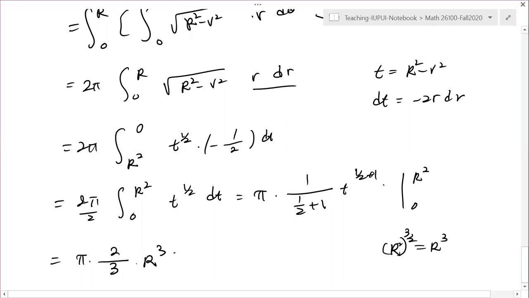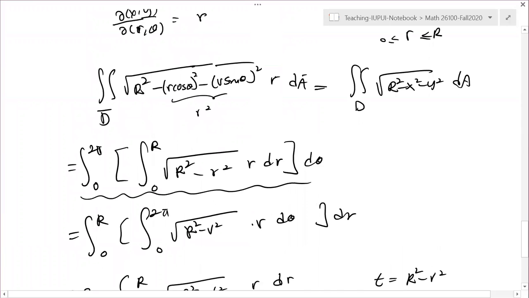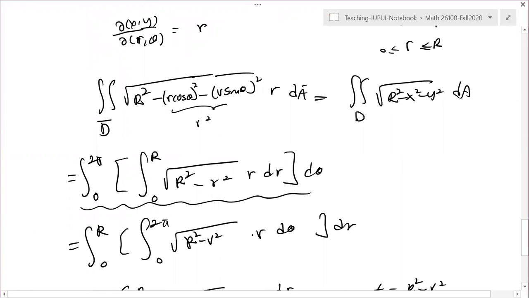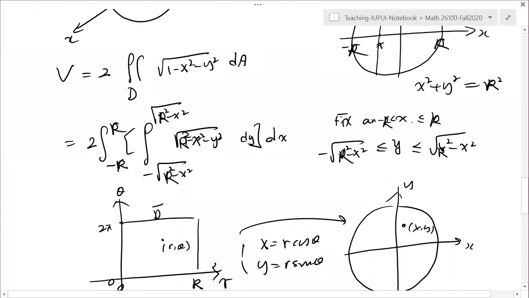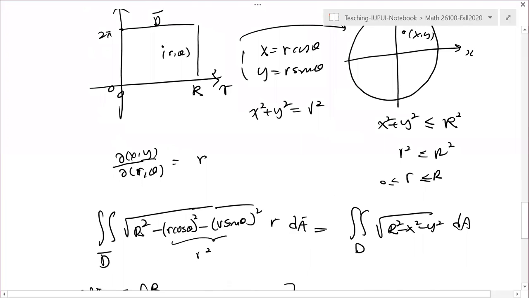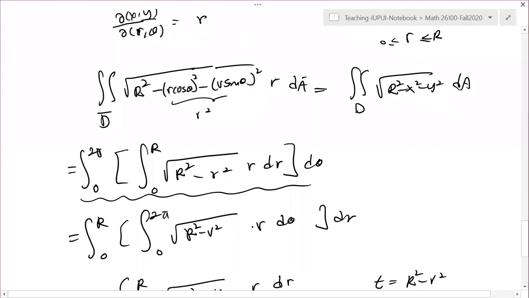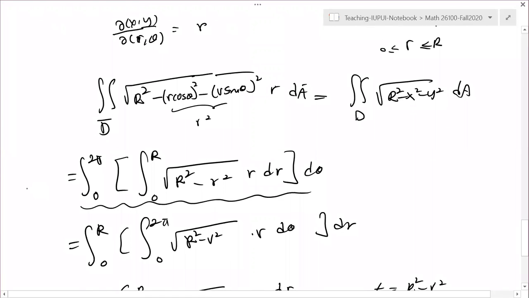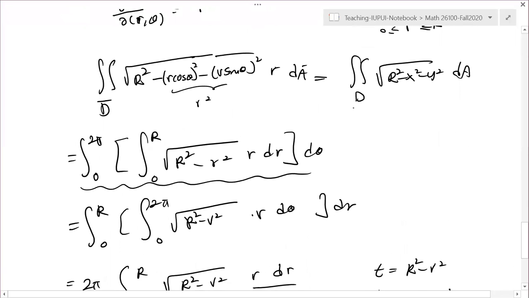So let's go back to see where we have problems. I missed the 2 at the very beginning. The volume is going to be twice of that, right? I only calculated this integral, the integral of this part.